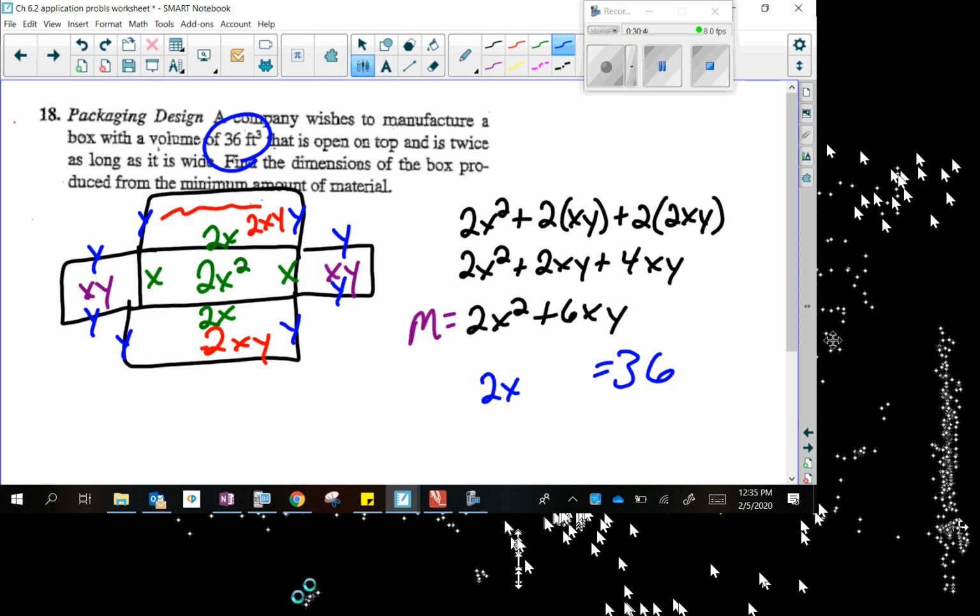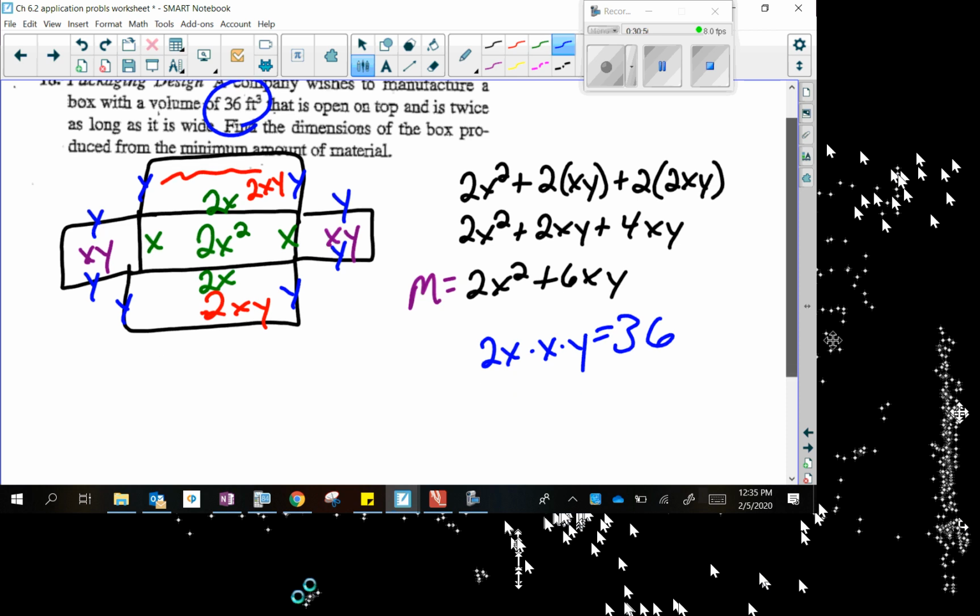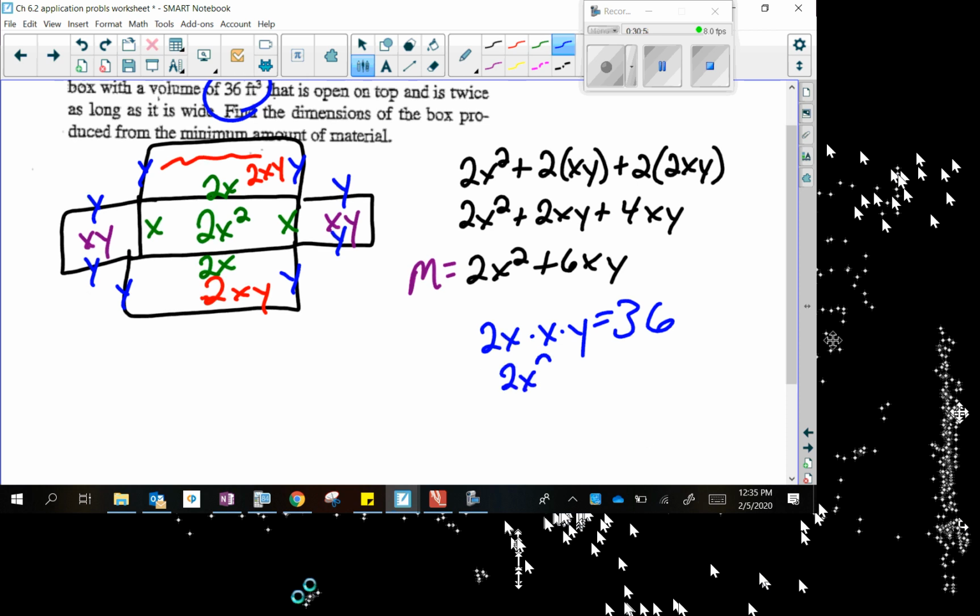All right, Grace? Right, how did you get that? Right, so it's actually 2x times y. Does that make sense? And yes, it's 2x squared y. I just wanted to show how we got there. Right, so think of area of the base times the height.